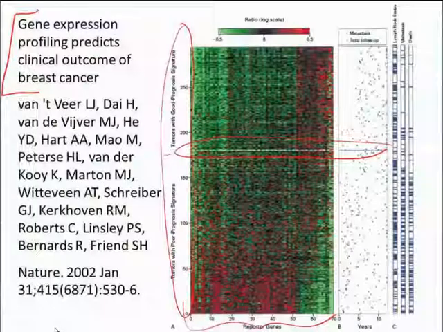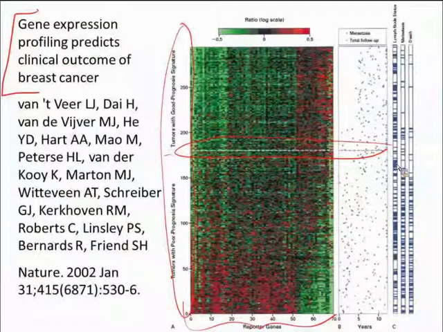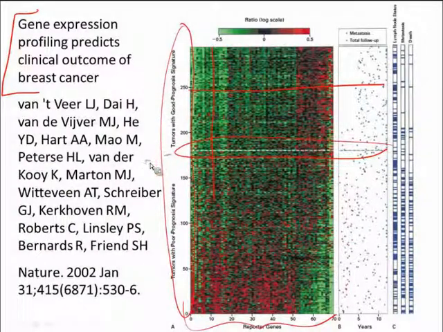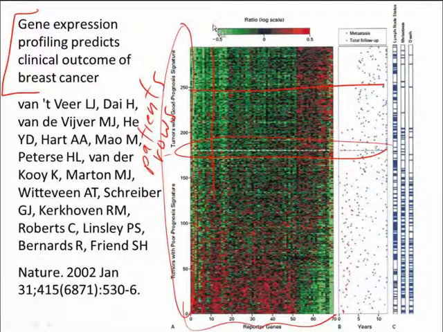So each line here is a data point, and our data point is going to be values. Over here, we've got the patients. These are the rows. And the columns are the genes.